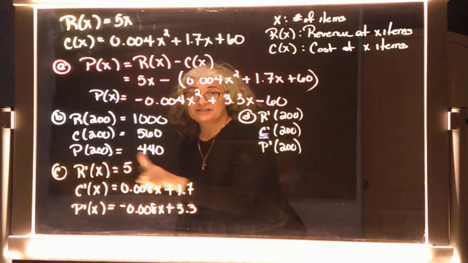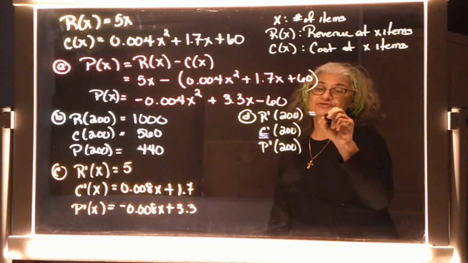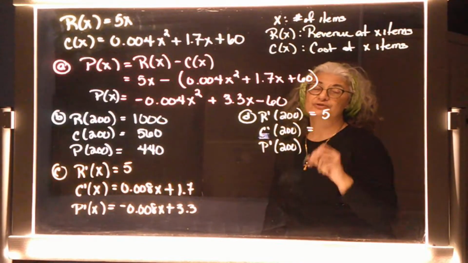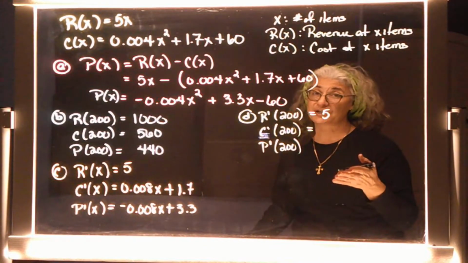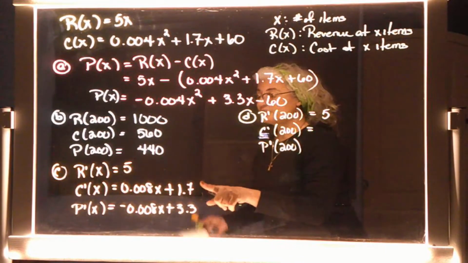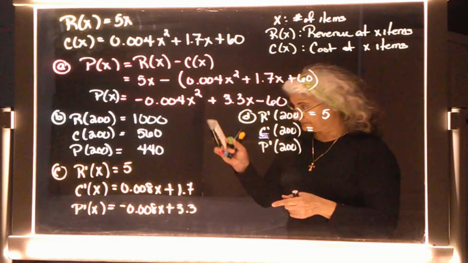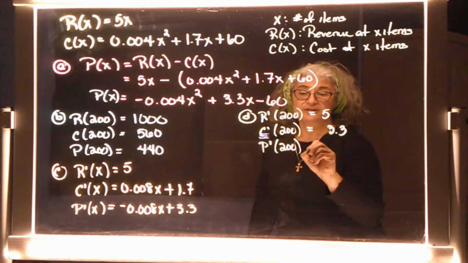Correct, into each of these particular first derivatives. So the first derivative of the revenue function at 200 is still going to be 5, correct? Okay. The cost at the first derivative, plug in the 200. What'd you get? Yep, I got the same thing, 3.3.